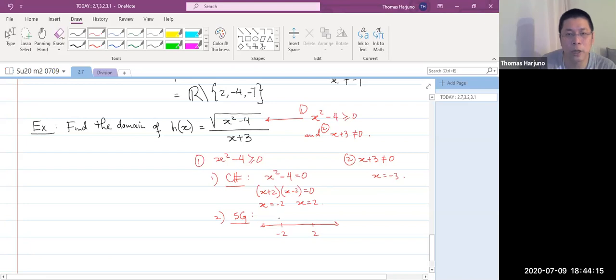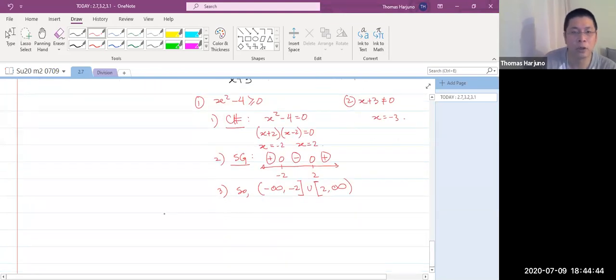So the sign graph is this, and the y-intercept is negative in this case, so it's negative, positive here, positive here. So I will get the domain for the square root is negative infinity up to negative 2 union 2 to infinity.